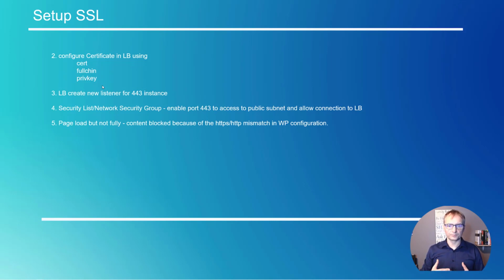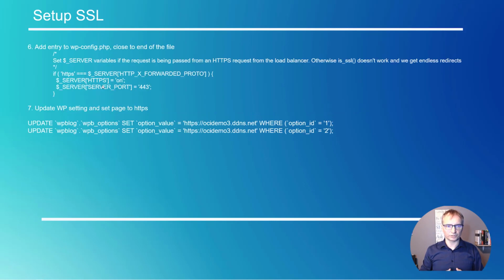In the WP, in the WordPress blog, WordPress is expecting HTTPS, but now we have a mix. We have HTTPS coming to the load balancer, but then from the load balancer to the server we have HTTP. Okay, there is the mismatch. Now we have to update the configuration of the WP to handle this connection.